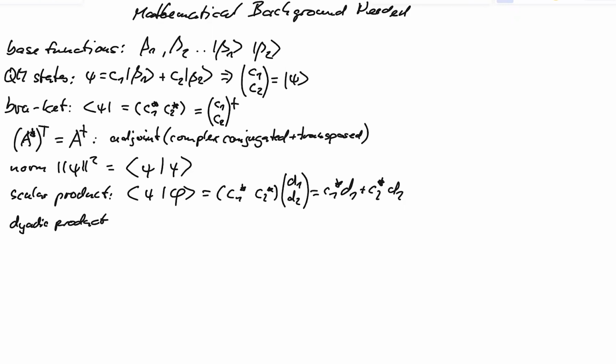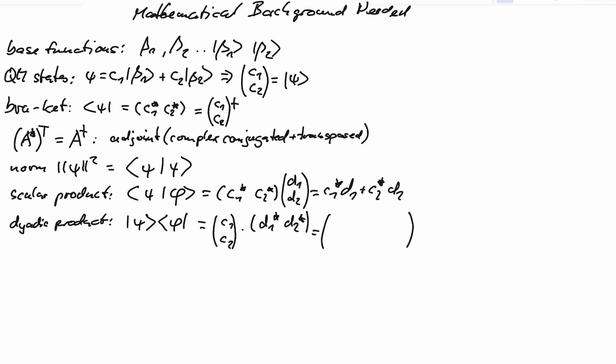This is |psi><phi|, and this is then the same vectors, but the first vector is the column vector times the row vector, and this then gives a matrix as a result, not a number.